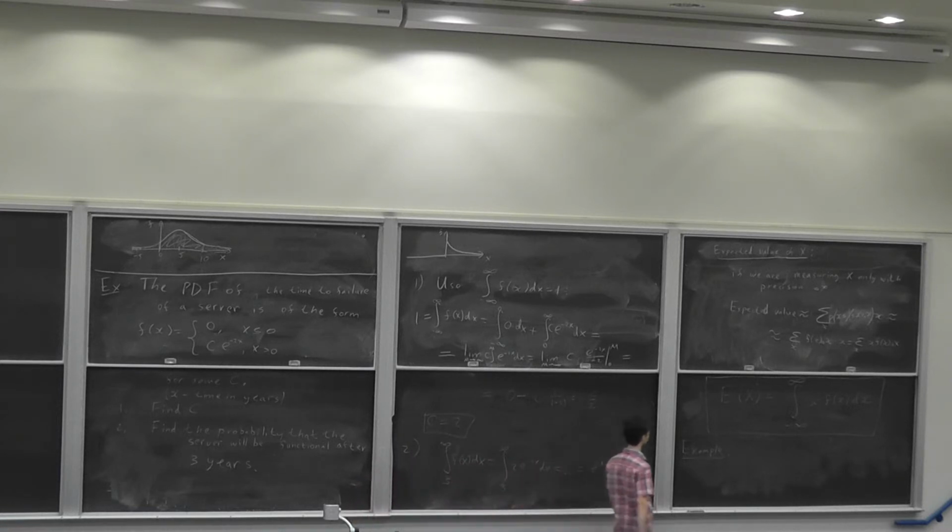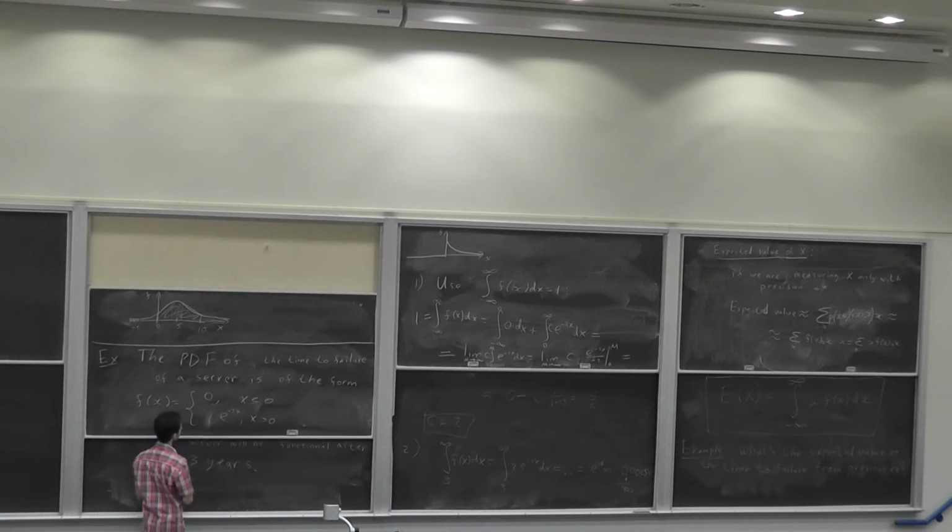So what is the expected value of my variable? I'm talking about this function.